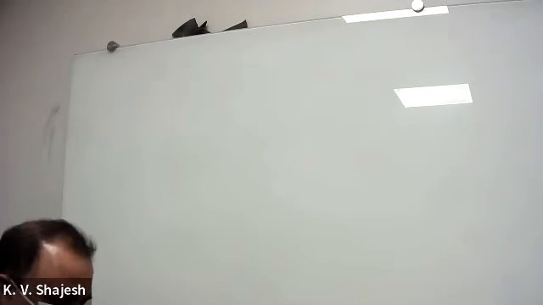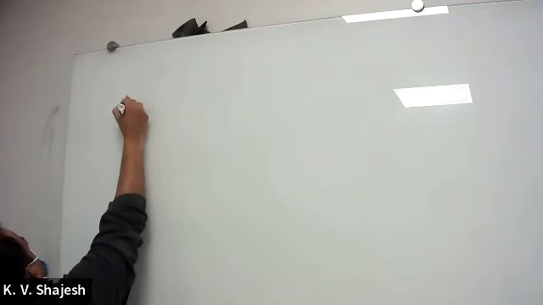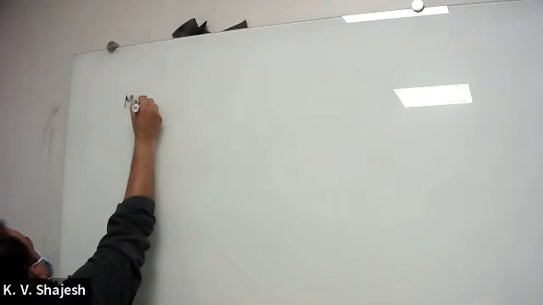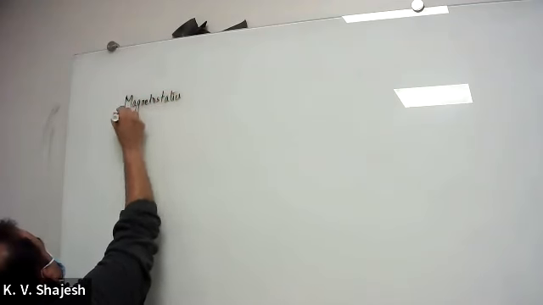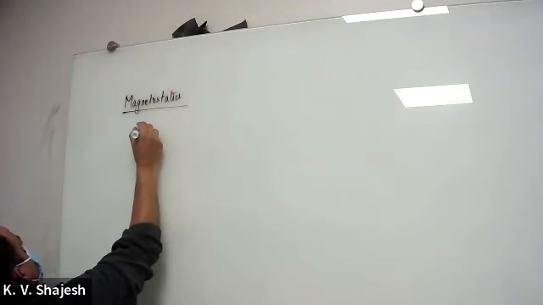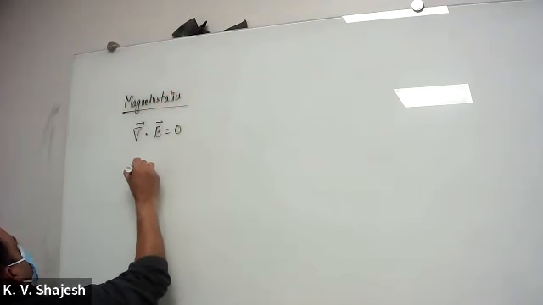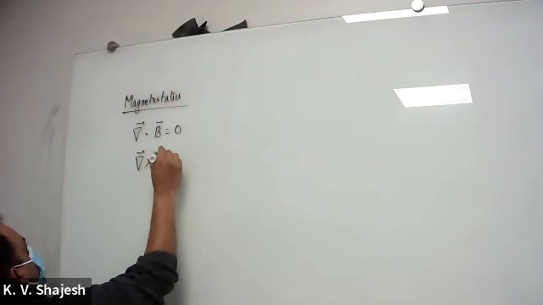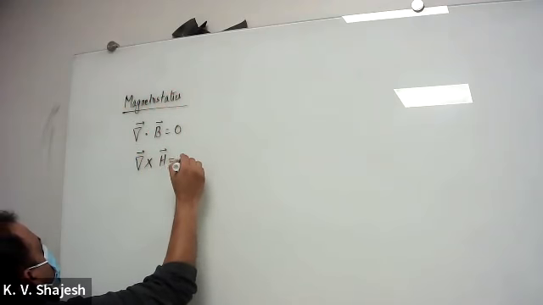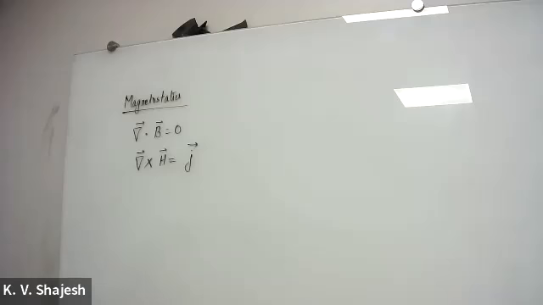So let's look at magnetostatics. Magnetostatics would be divergence of B is equal to 0 and curl of H is equal to J. That's all there is to it.